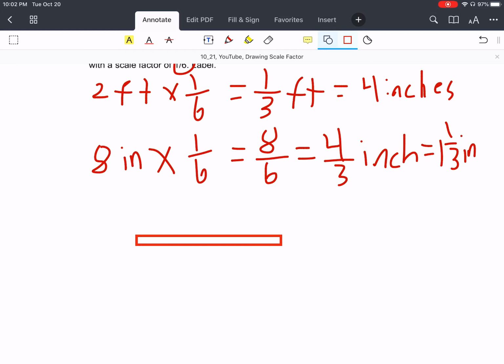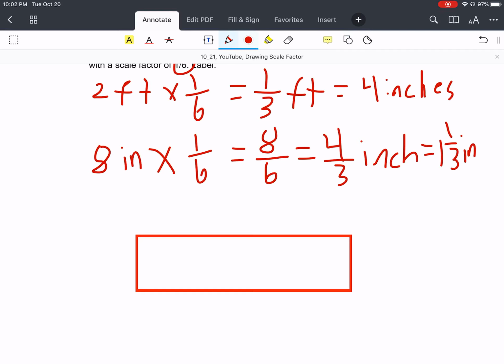That would be 4 inches long. So I'm just guessing here. And then the other dimension would be 1 1/3 inch. I have no idea if that rectangle is close or not, but yours with a ruler should be close.